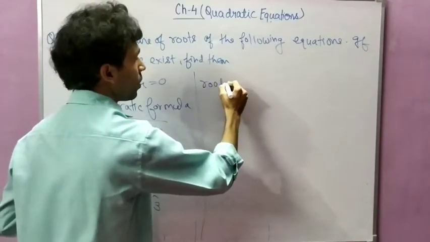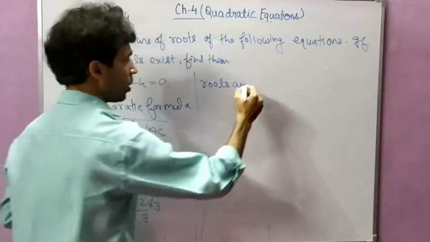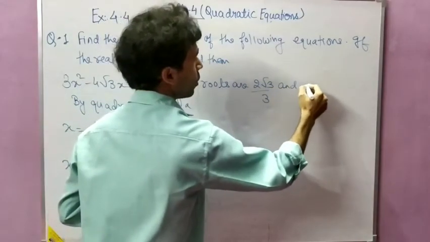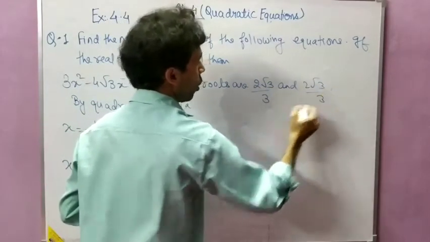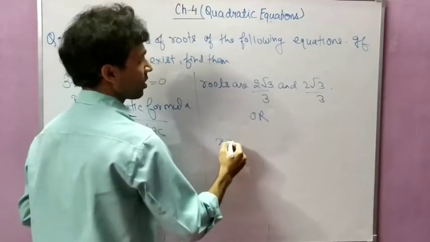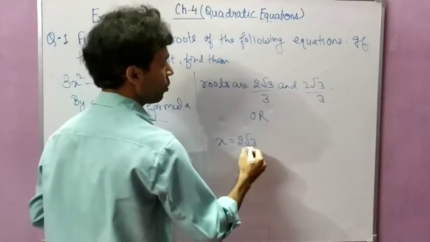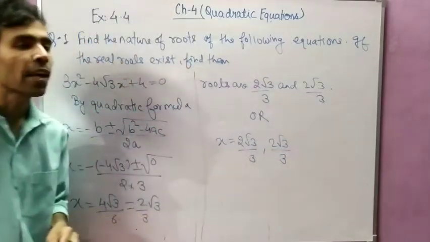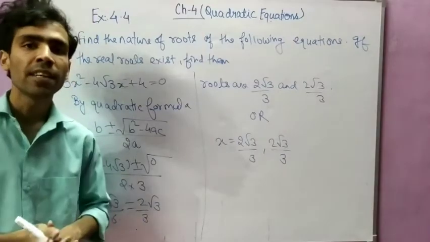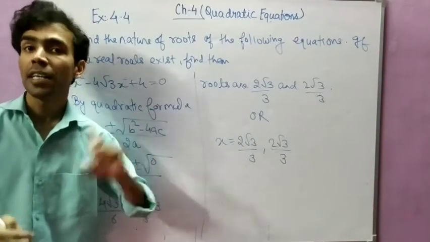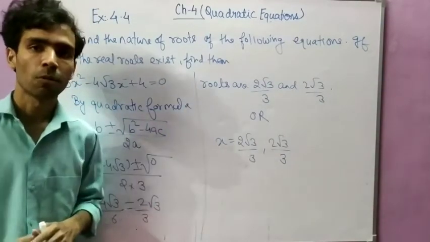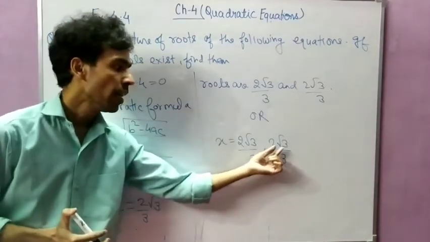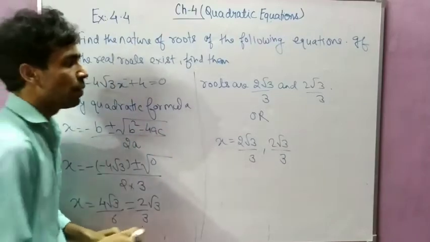Roots are 2 root 3 upon 3 and 2 root 3 upon 3. Or you can write it like this also, x equal to 2 root 3 upon 3 comma 2 root 3 upon 3. Because when we calculated the nature of the roots, we found that both are real and both are equal because d came 0. So the value of both the x will be the same, that is 2 root 3 upon 3 and 2 root 3 upon 3. So that will be your roots.